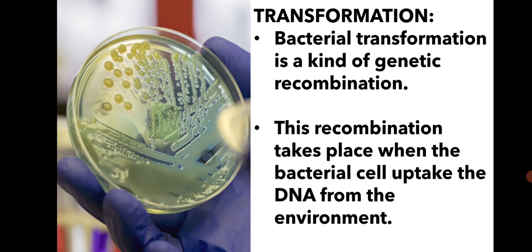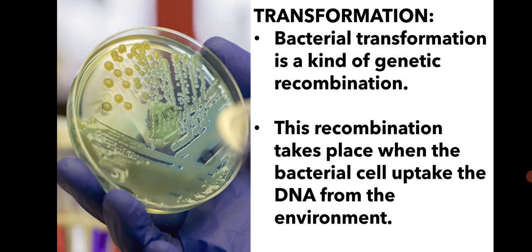The available DNA can be because of some bacterial cell disruption, or it can be due to the lysis of bacteria due to some bacteriophage infection, or it can be because of any atmospheric factors as well.